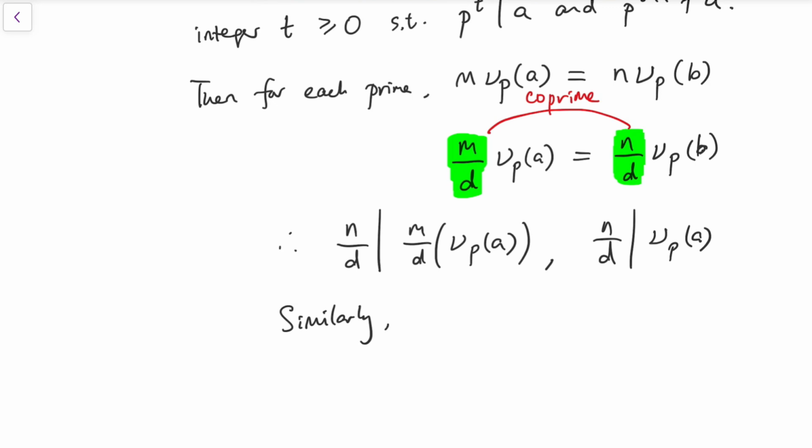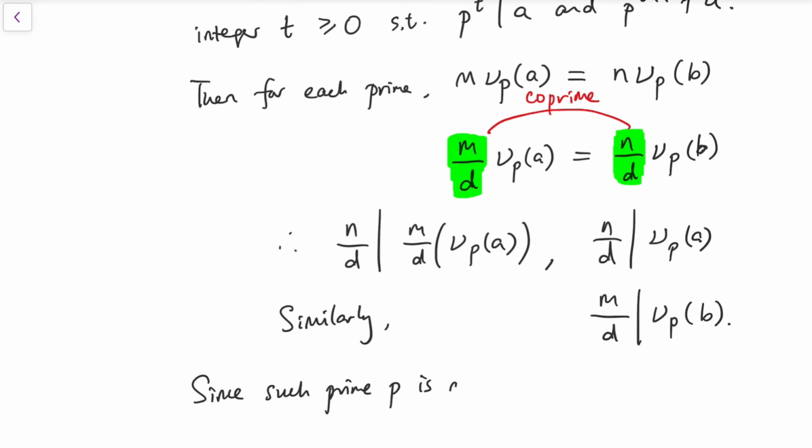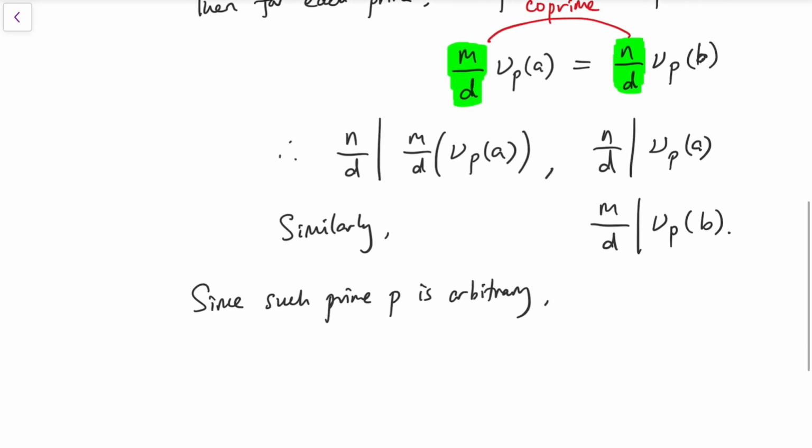Similarly, we know that m over d will also divide the p-adic valuation of b. Now, since such prime is arbitrary, that means for any prime factor of a, that prime to the power n over d will still be a factor of a.